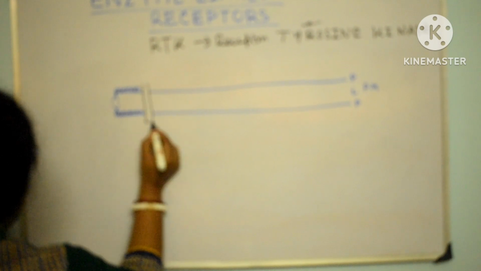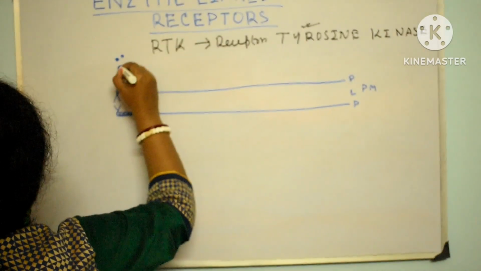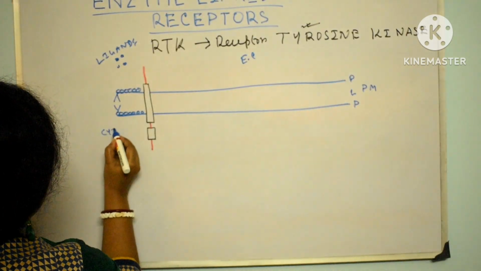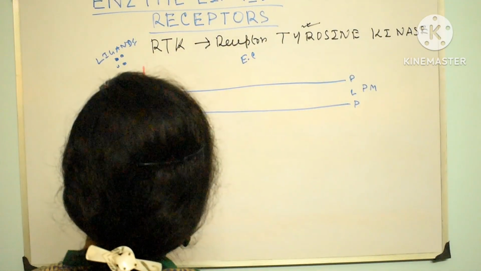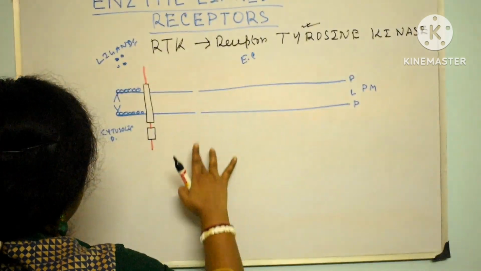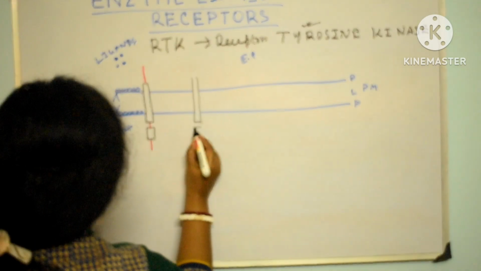This is one monomer. Ligands. Normally this is the extracellular domain, this is the cytosolic domain. This is one monomer, and here there is also another monomer, transmembrane.